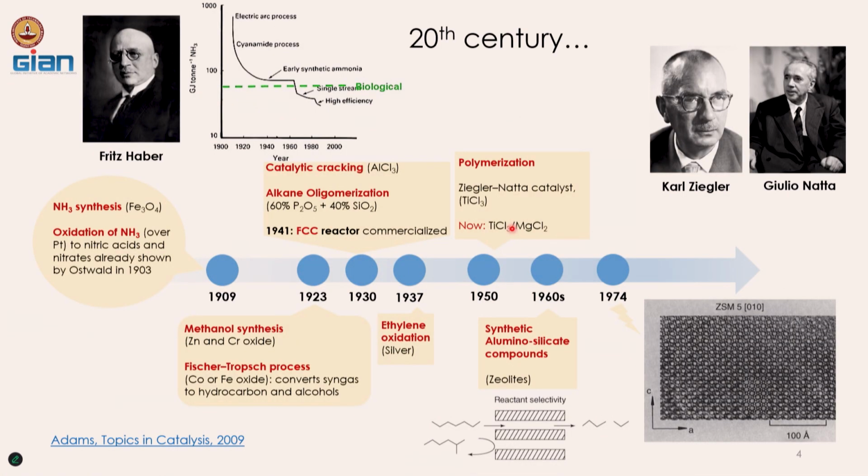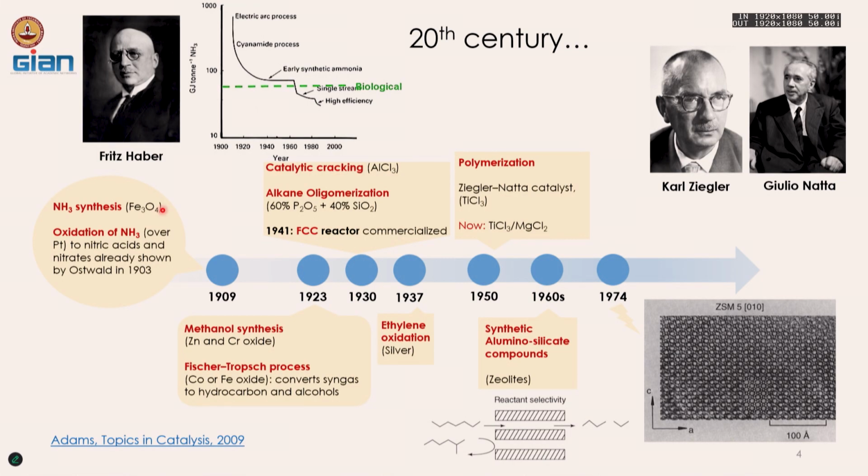So in the 20th century, there was real trouble in getting nitrates, which were produced from nitric acid, and these nitrates are used in the formation of explosives for the wars and everything. So what Fritz Haber did is he did the ammonia synthesis on a magnetite type of catalyst, where at high pressure and high temperature you react hydrogen and nitrogen to get ammonia.